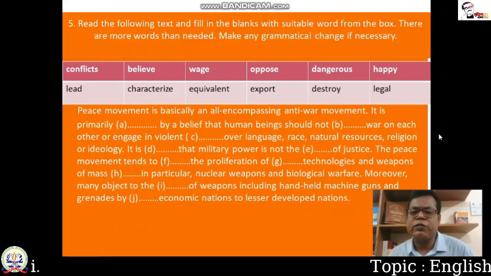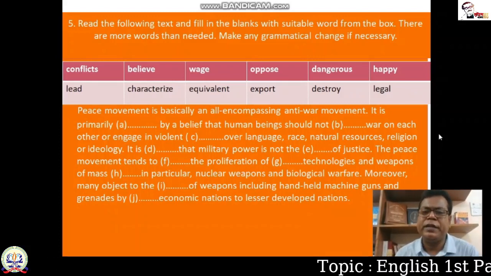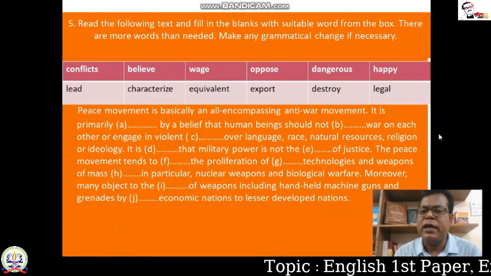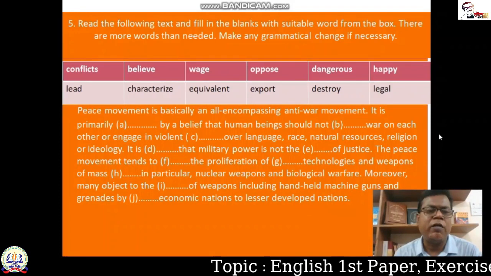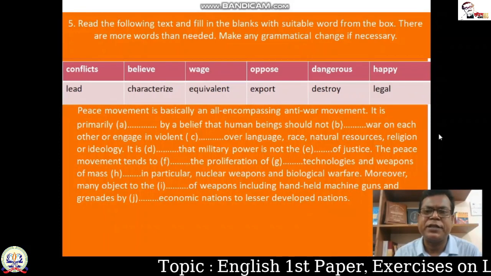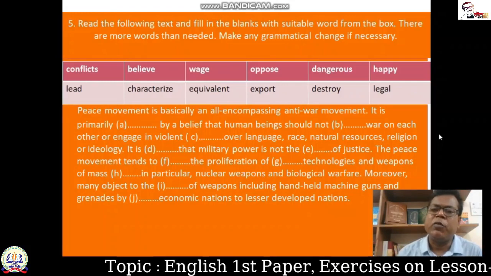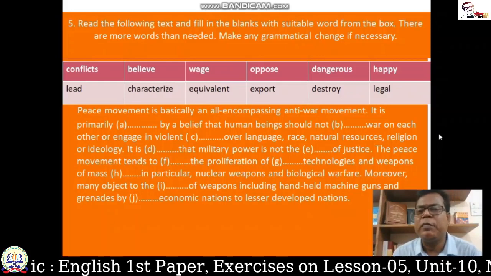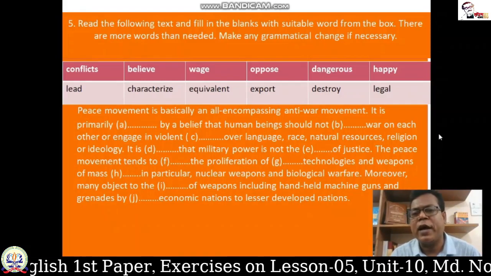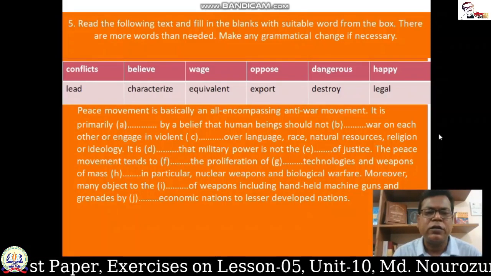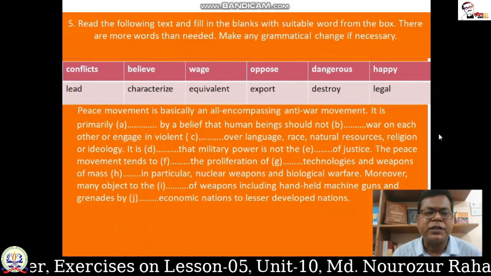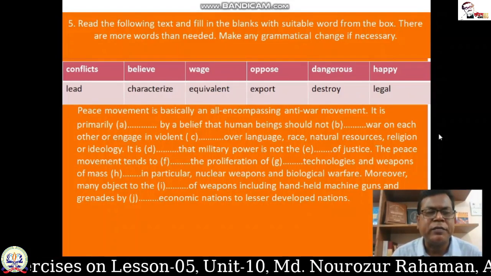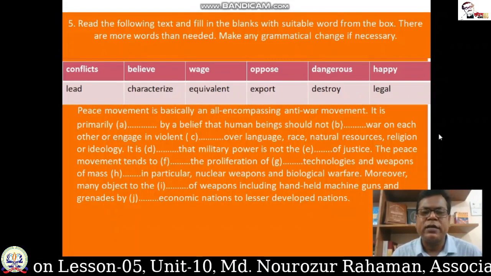So dangerous will be used in gap G, and weapons of mass destruction. In the box you find the word destroy. It is in verb form, but you have to make it a noun, destruction. So destruction will be the correct answer for gap H.